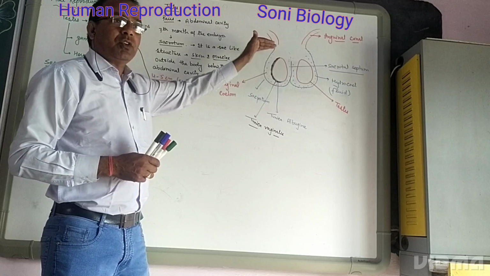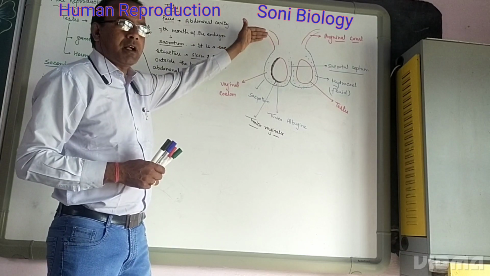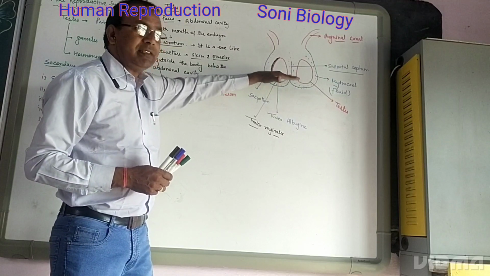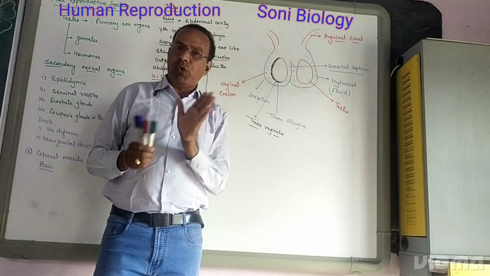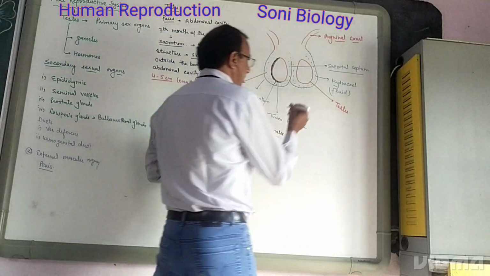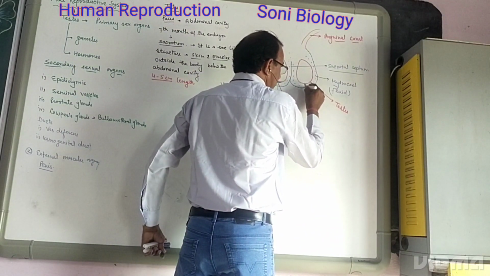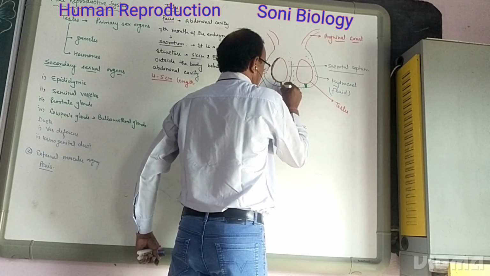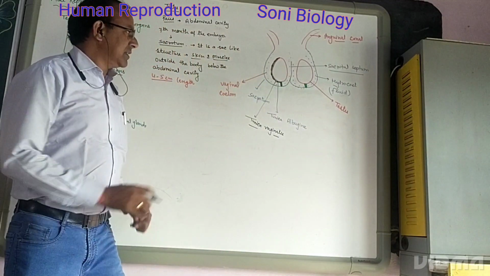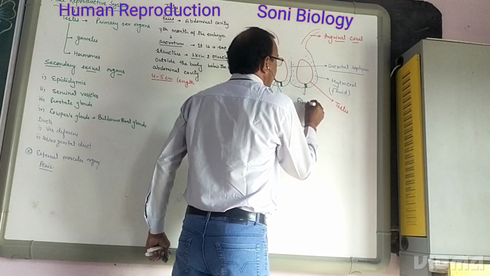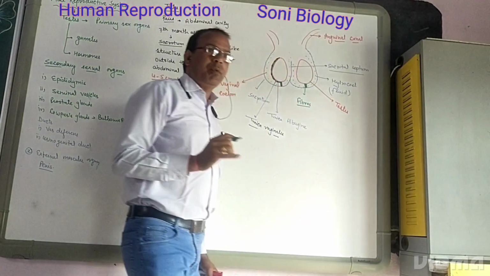At the 7th month of the embryo, the testis descends into the scrotal sac, but then remains there and does not change its position. Why? Because these testes are attached to the scrotal sac with special muscles or fibers, so they are not able to change their position.